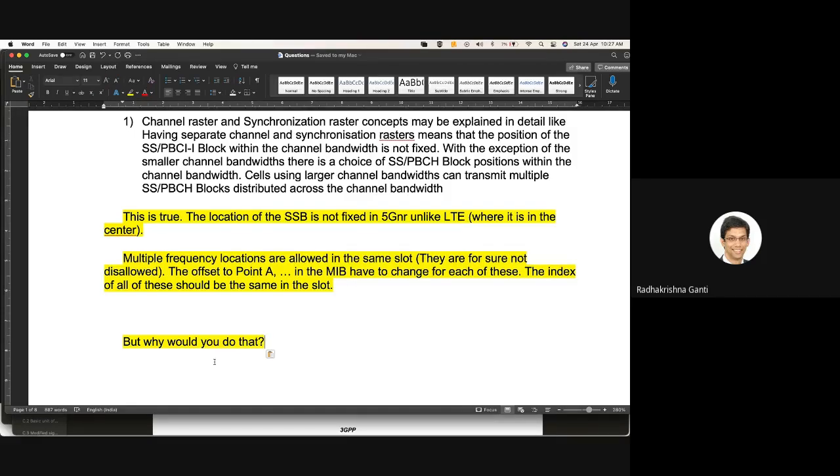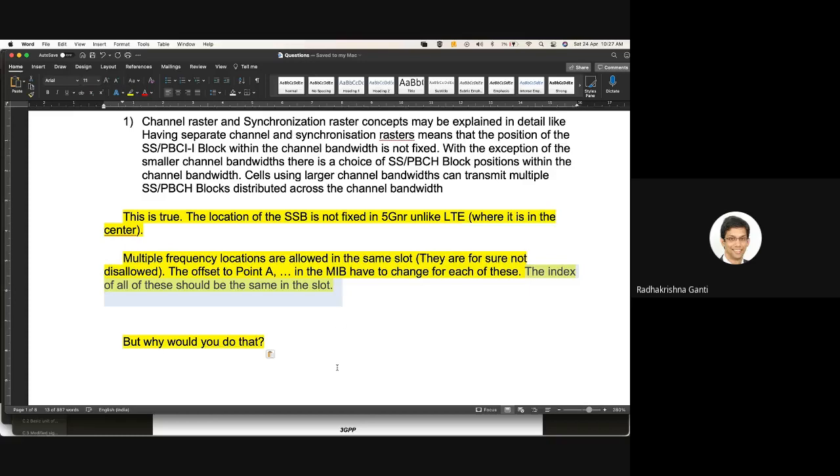Having a larger number of SSBs in the frequency domain in parallel, I don't think will help us in any manner. The spec does not prevent it, you can certainly do that, except that the only concern is the index of all of these should be the same, because the index only changes on a slot by slot basis.